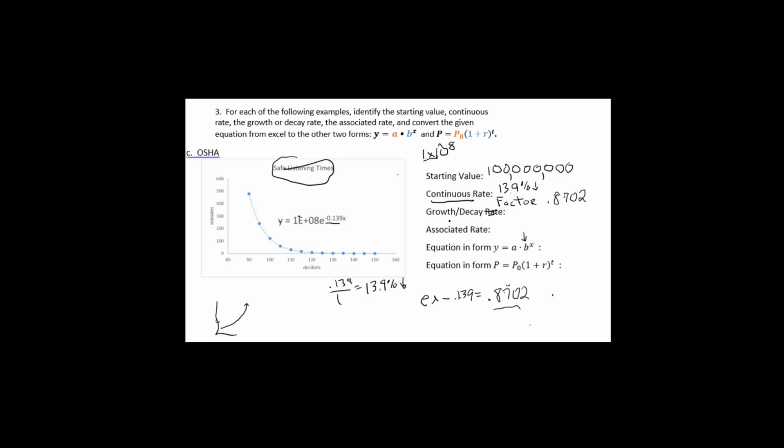Now we want to find what is our growth or associated percentage rate. So we have the factor, and the factor is the 1 plus r. So 1 plus r equals 0.8702. I'm going to subtract 1 from both sides and put that in your calculator.